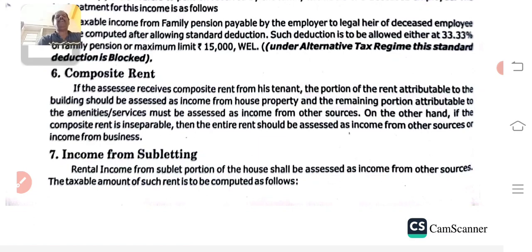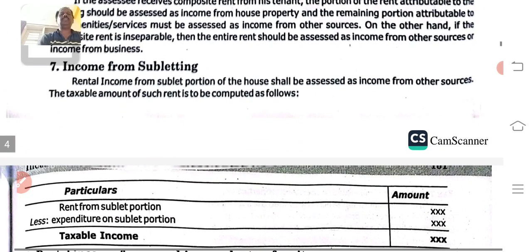On the other hand, if the composite rent is inseparable, then the entire rent should be assessed as income from other sources or income from business. The next one is income from subletting.